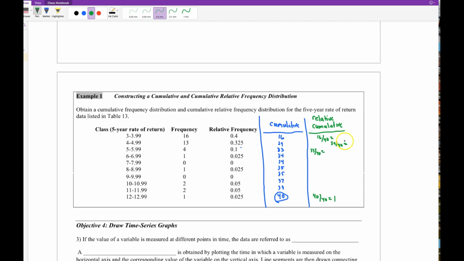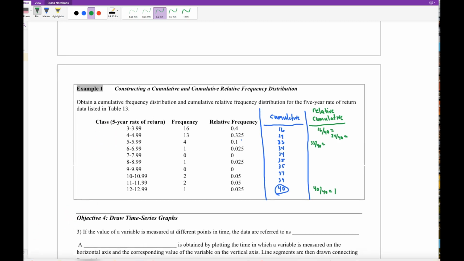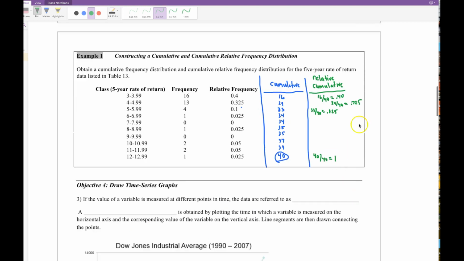So you end up with your decimal values here. I'm not going to do all the values, keep dividing, but you can see 40%, and then 72.5%, 82.5%, and you continue dividing by 40 until you get all the way down to 1. That would be the total relative cumulative frequency, because that represents 100%.